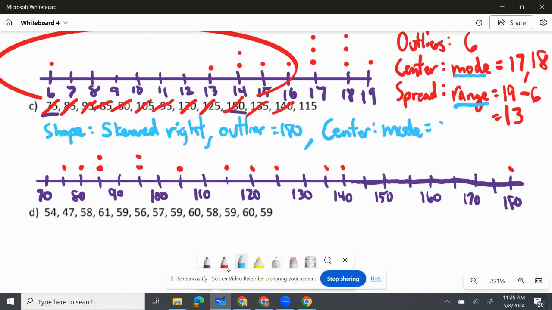Once again, so it's 85 and 95. And then for the spread, what we have is the range. So that would be 180 minus 75, which would be 105.